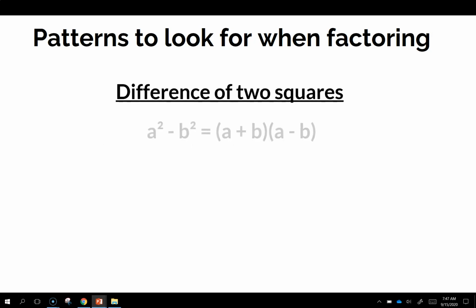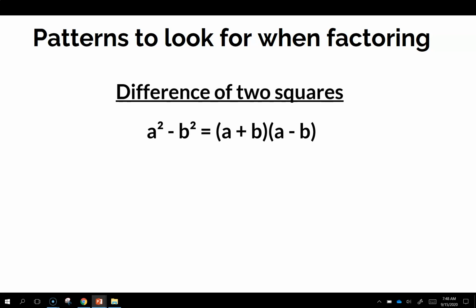Okay, so a difference of two squares. Difference means minus, right? And squares is something being squared perfectly, like 4, 9, 16, 25, 36, 49, all those perfect squares. If we can identify those, then we can separate them by being a plus b and a minus b.